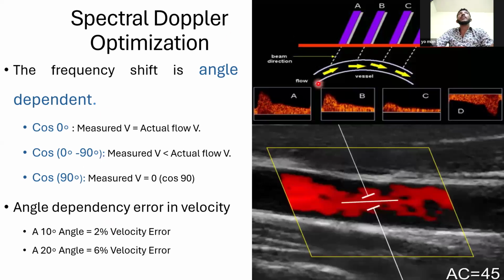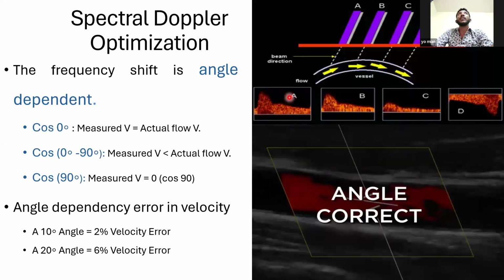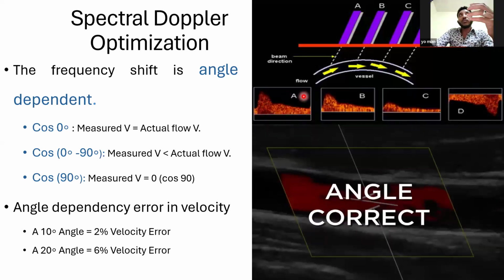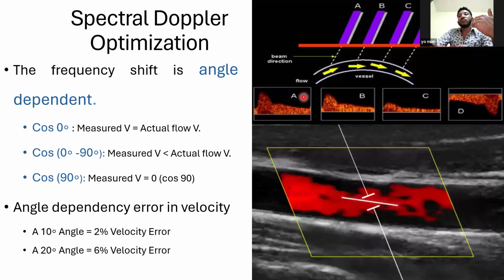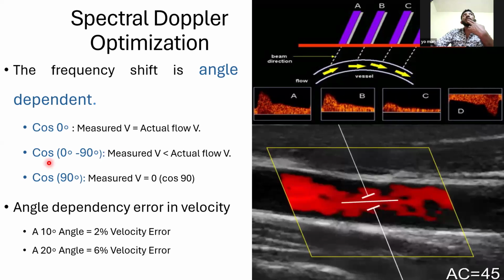You can see here the vessel is in this direction, which is toward the transducer. If the vessel is toward the transducer, step up the baseline, as I indicated in the previous lecture. It is the acronym BART: blue away and red toward. When it comes to B, it loses its directionality. If it is between 0° and 90°, the measured velocity begins to decrease.